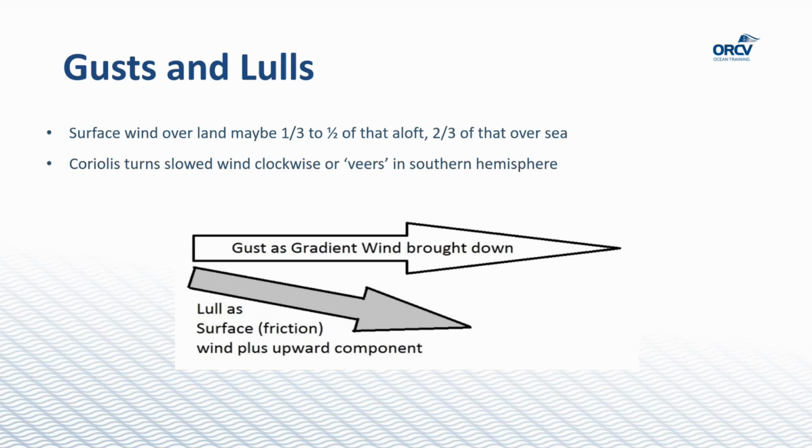So if you get a wind up aloft and you've got vertical mixing or unstable air, that is, you've got warming pockets of air that rise and colder pockets of air that are coming down towards the surface.